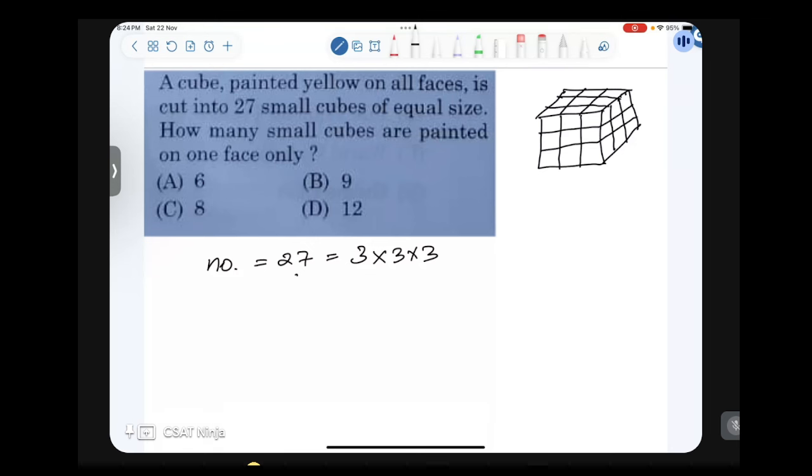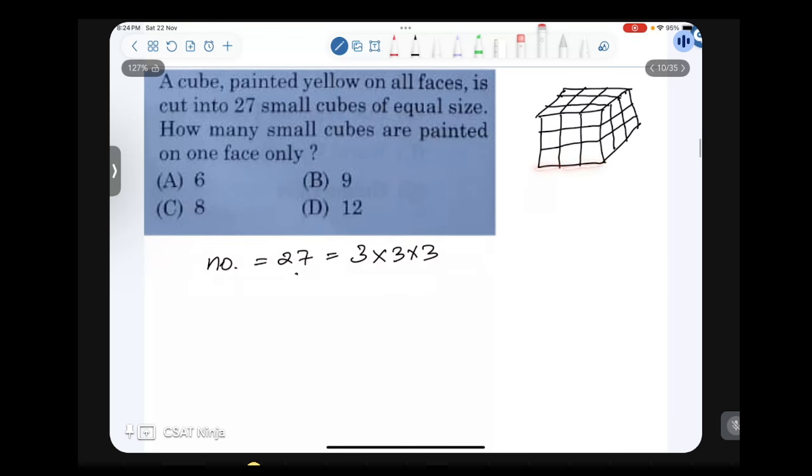So if you look here carefully, 1, 2, 3, that means three here, and another 3 here, and another 3. That means the length is 3, the breadth is 3, and the height is 3. So we have 3 into 3 into 3, which simply means this is length, breadth, and height. Or we can also say side, side, and side.